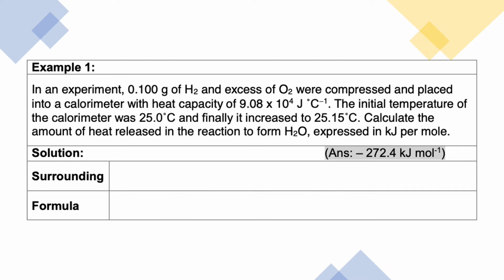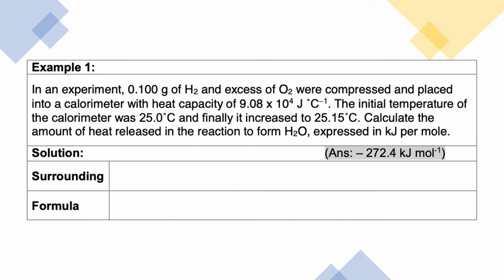Let's take a look at a question related to the situation that I showed you just now. In an experiment, 0.1 gram of hydrogen gas and excess oxygen gas were compressed and placed into a calorimeter with a heat capacity of 9.08 × 10^4 joule per degree Celsius.